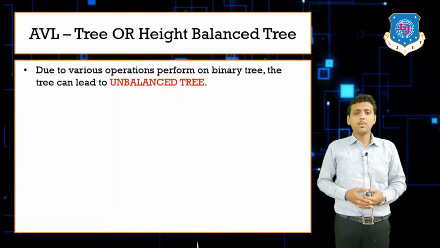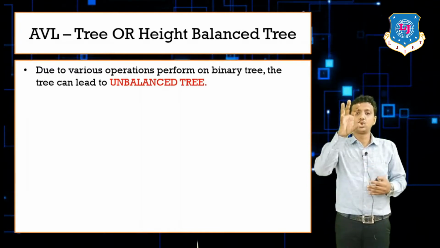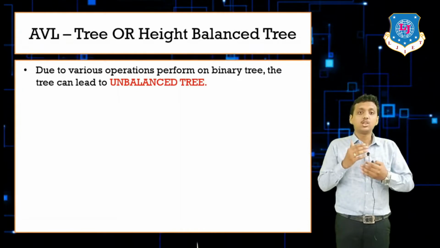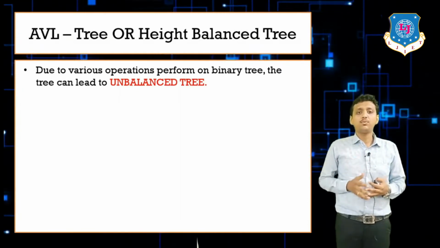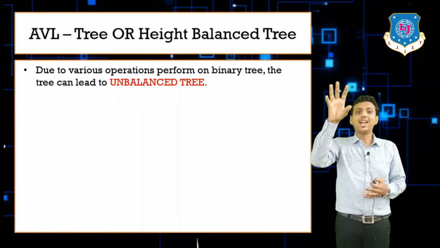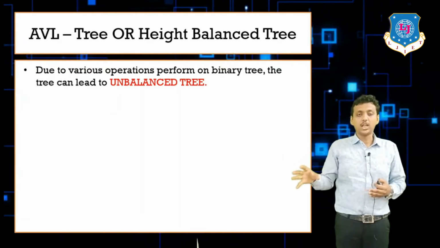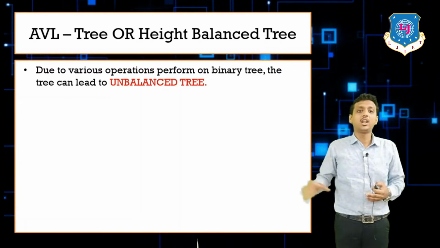Now, if we insert on the left side, like we have root node 10, and we insert 3, then 2, then 1, the tree goes like this: 10, then 3, 2, and 1. So it just becomes a left sided tree.